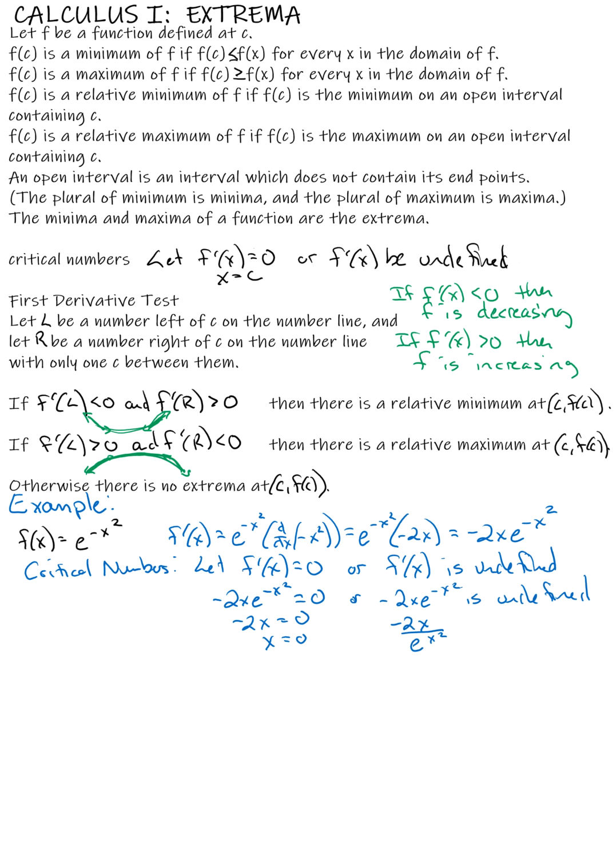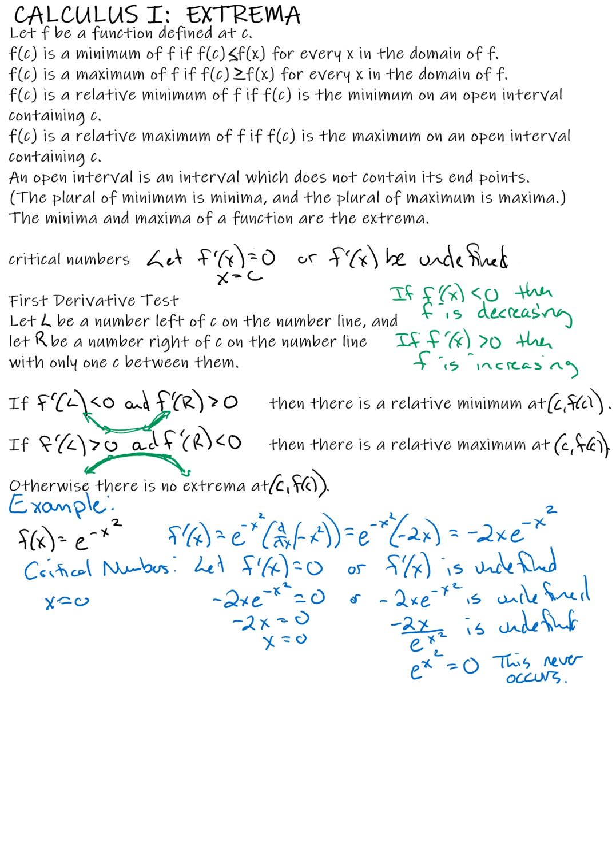This one is undefined when the denominator, e to the x squared, is 0. But this never occurs. E raised to a power is always a positive value. All right, so our only critical value came from when the first derivative was 0. So our only critical value is x equal to 0.